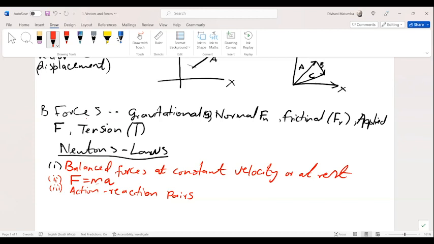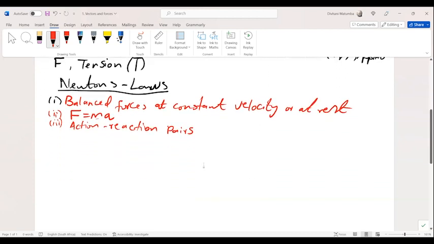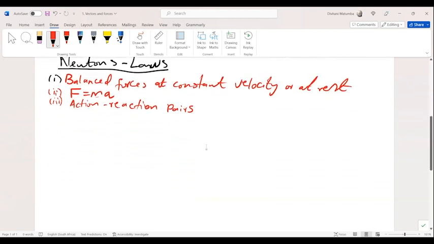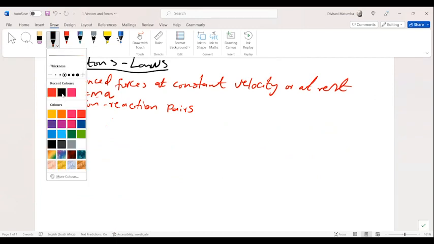So what are the equations that govern motion? We have equations of motion that we're going to talk about.